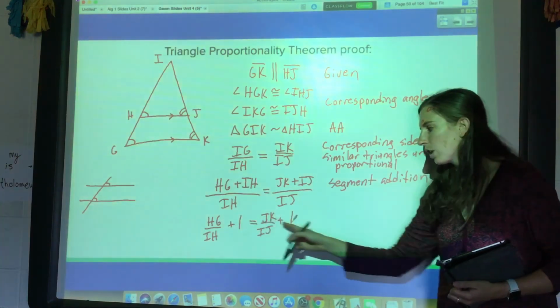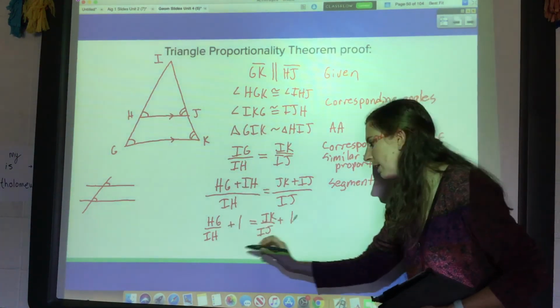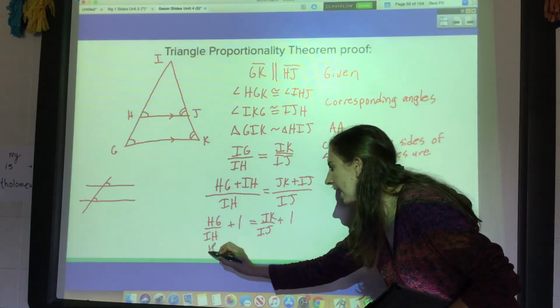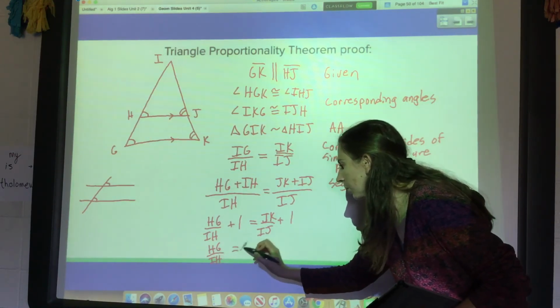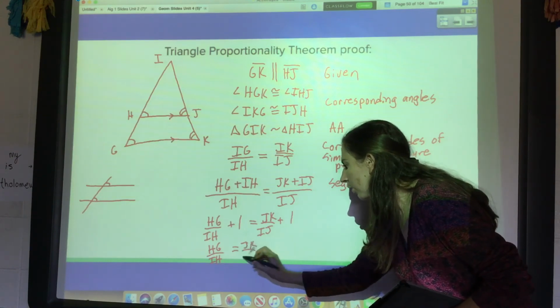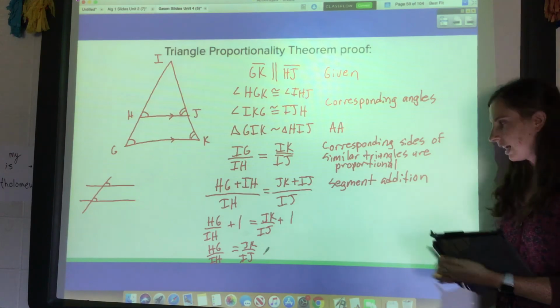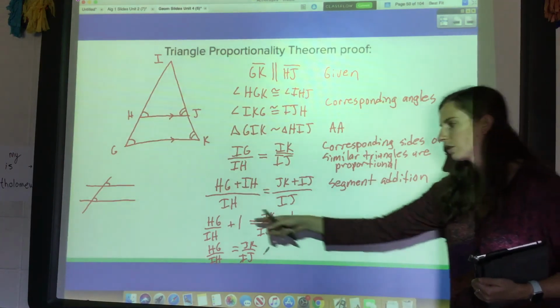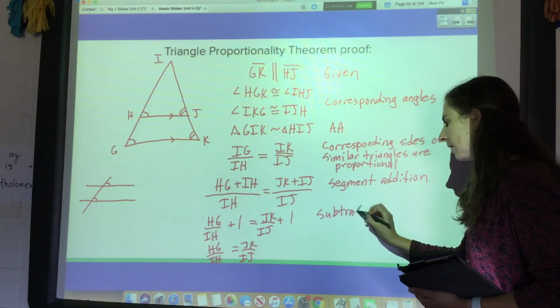And so I could subtract 1 from both sides, and it would cancel and just leave me this. It would just leave me HG over IH equals JK over IJ. The reason for that is just the subtraction property. I'm just subtracting 1 from both sides. It's the subtraction property of equality.